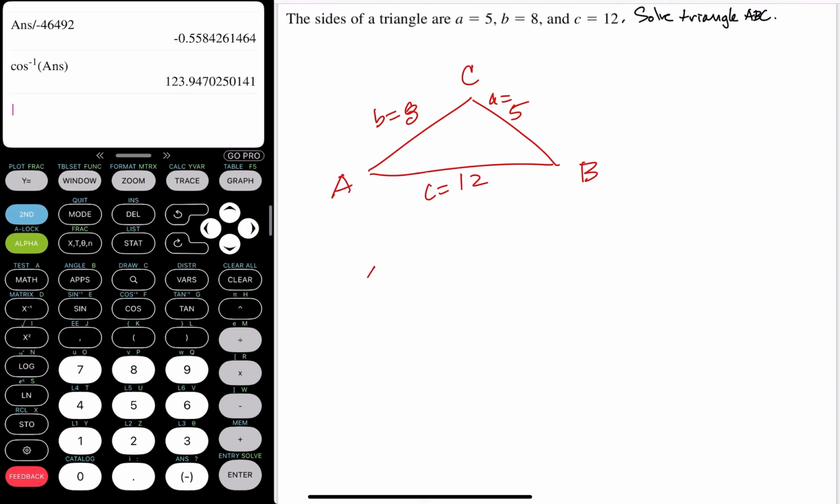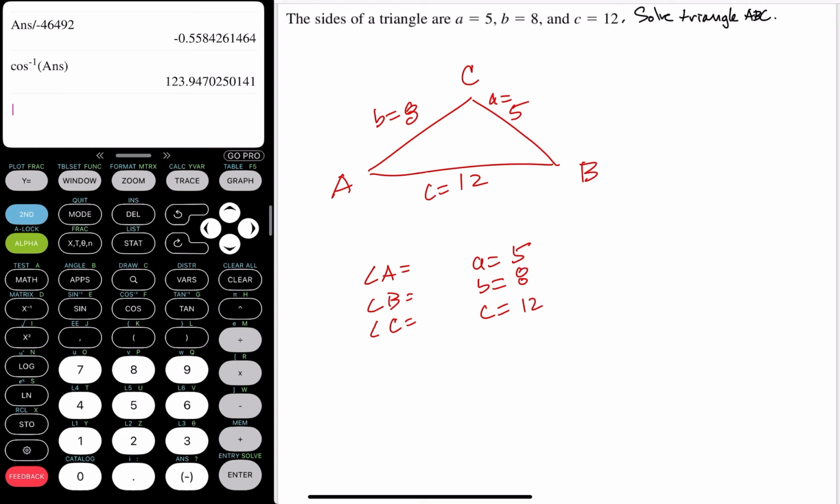Let's just solve the triangle. So I go angle A, angle B, angle C, and side A is equal to 5, B is equal to 8, C is equal to 12.